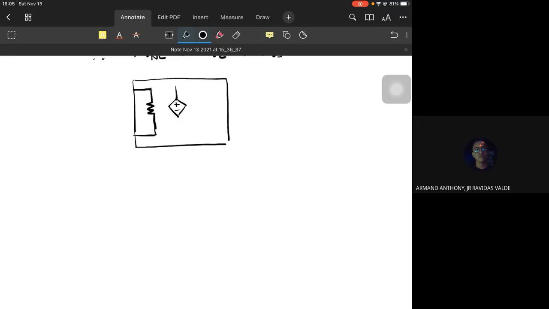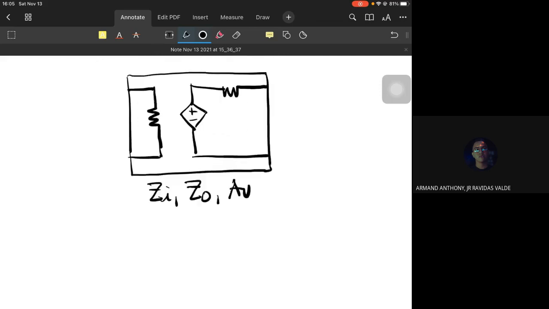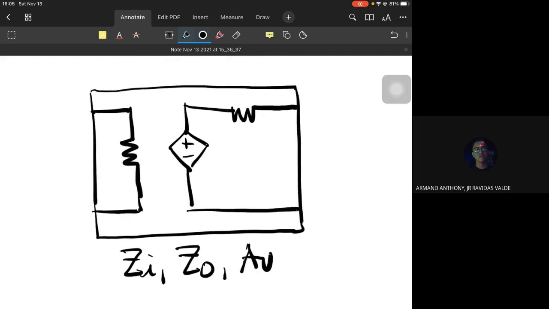Again, our system will be characterized by these parameters: input impedance, output impedance, and voltage gain. So where are they used if we adopt a systems approach? This is our system, characterized by the input impedance, output impedance, and our voltage gain.